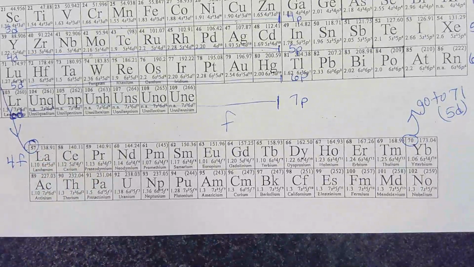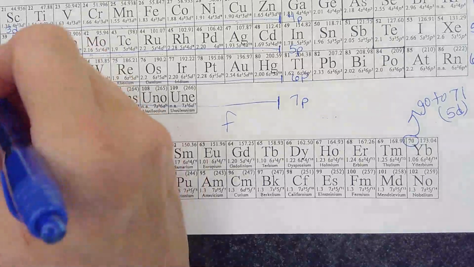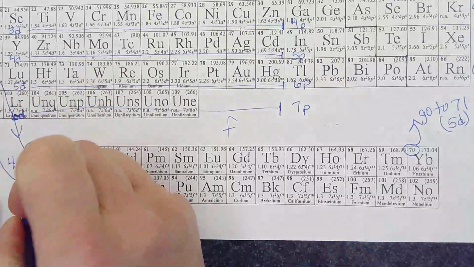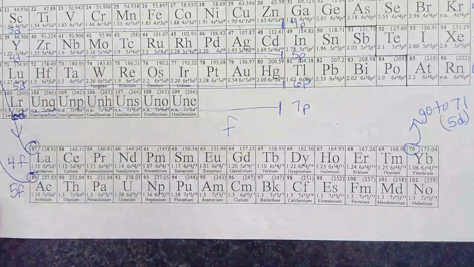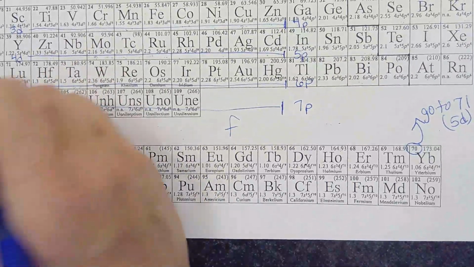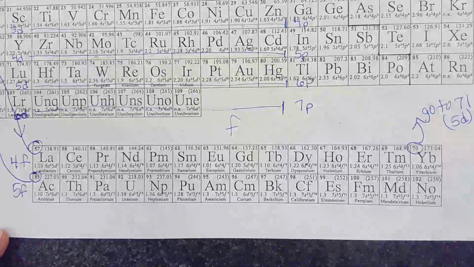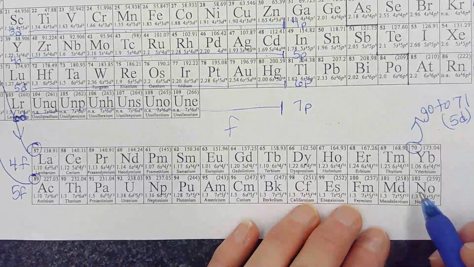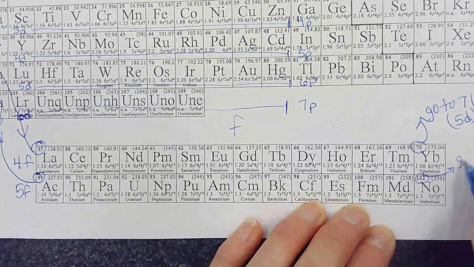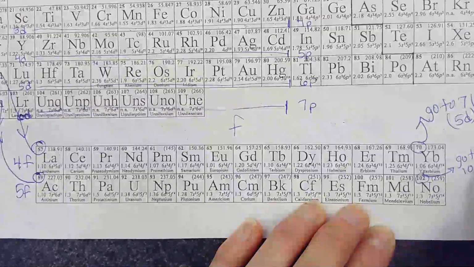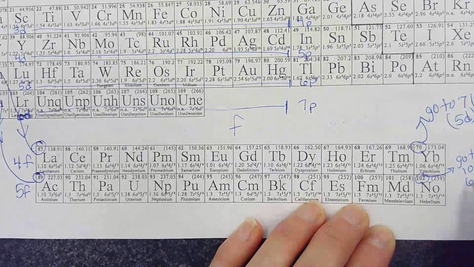All right, 88, circle, go down to 89. This is 5F. And over here, 102, go to 103, which is 6D.